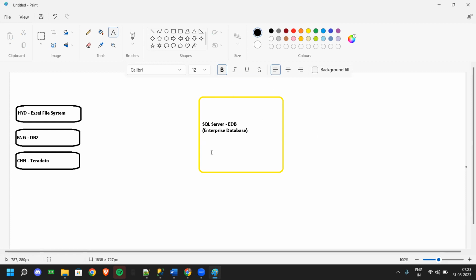This enterprise database is ready to maintain all three branches' data, divided by a column called location ID.